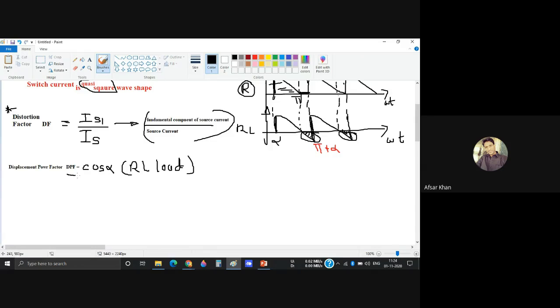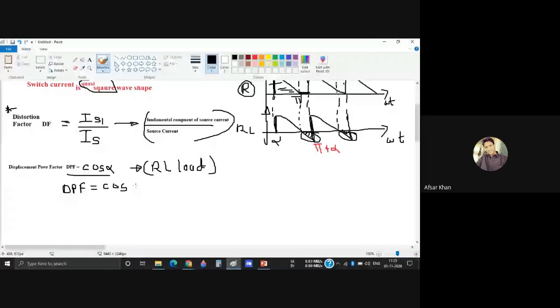Displacement power factor is cos alpha for which load? For RL load. You have to remember this, either full wave or half wave. Then, if we are using RL load with freewheeling diode, this DPF will change. DPF equals cos alpha by 2.